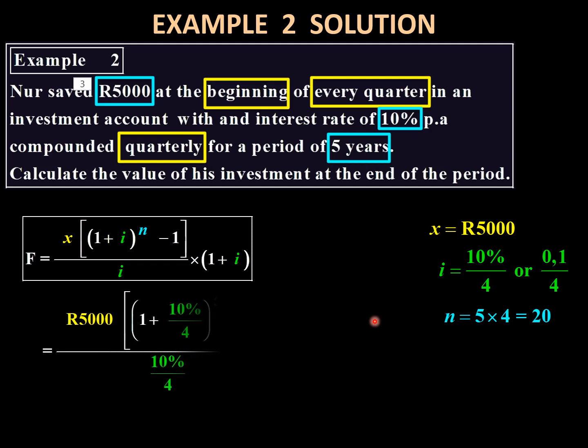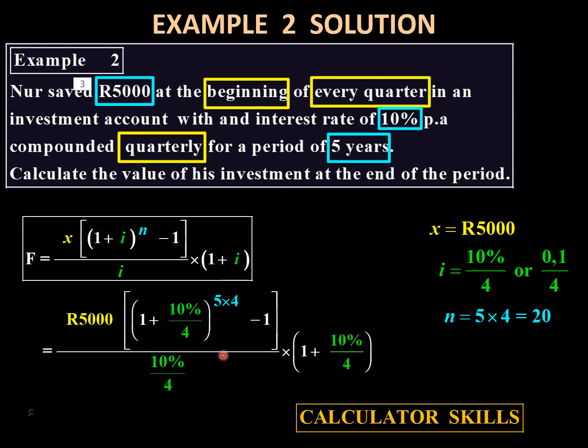If we do that substitution, the only thing that's left is to do our calculation. So just be careful how you enter this on your calculator. And if we calculate that, this is the value that we get: 130,916 Rand and 37. And I advise you, once you do this calculation, write down the answer, do it a second time and see whether you get the same answer.